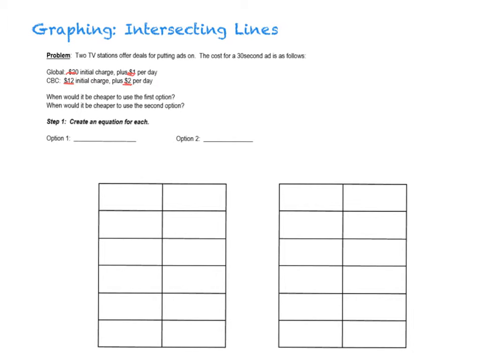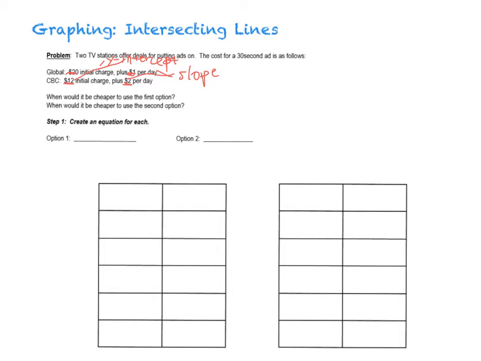So we know that this initial charge is going to be our y-intercept, and the $1 per day is going to be our slope. Same thing applies here: our 12 is going to be our y-intercept and 2 is going to be our slope.